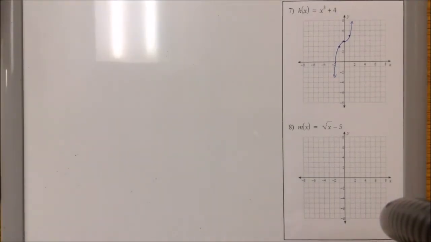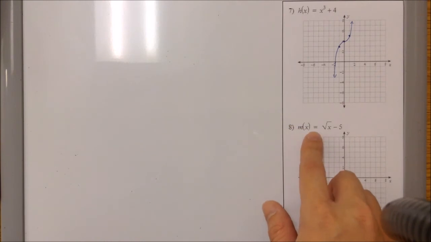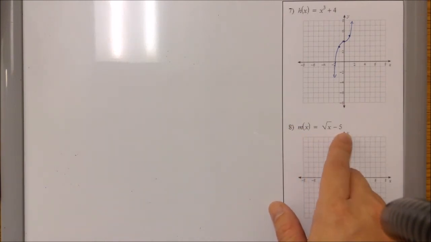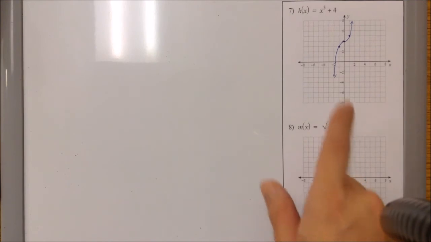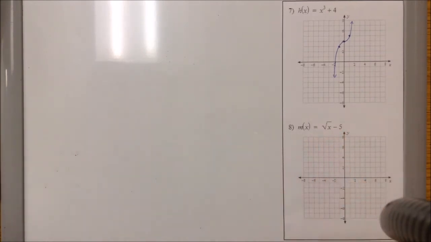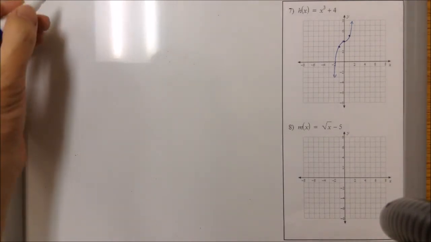Example 4. M of x equals the square root of x minus 5. So just like in the third example, there's no number within the x. There are no numbers within the function. So we can safely say that the x-coordinate of the vertex will equal 0.